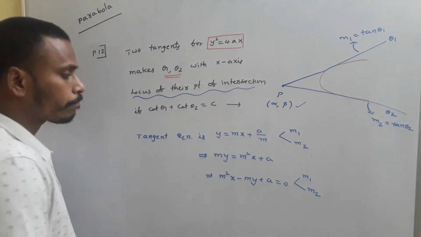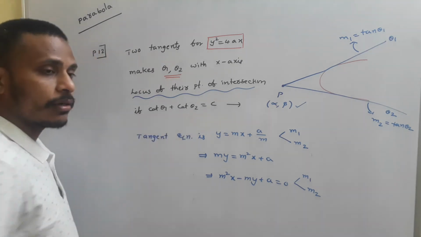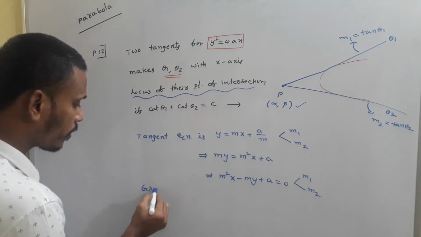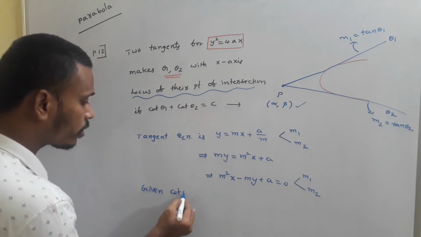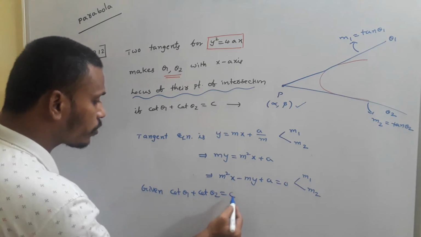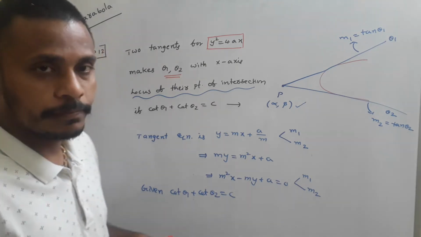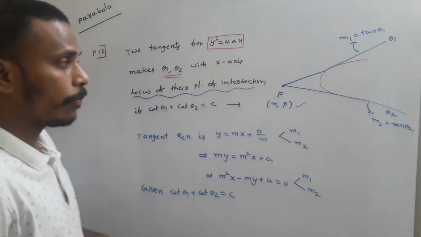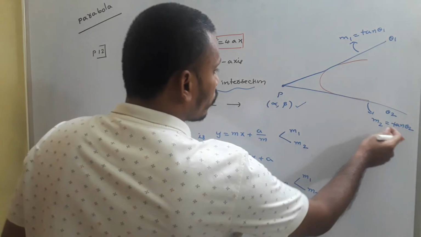So now it is also given what? Cot theta 1 plus cot theta 2 is equal to c. Since it is given, what is tan theta 1? Slope of the first tangent, that is m1. What is tan theta 2? m2.